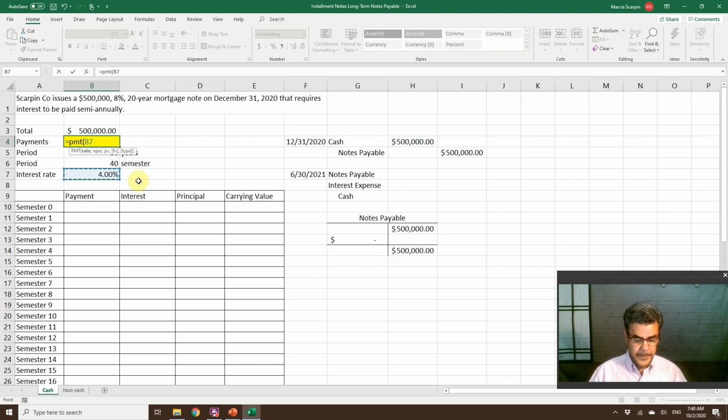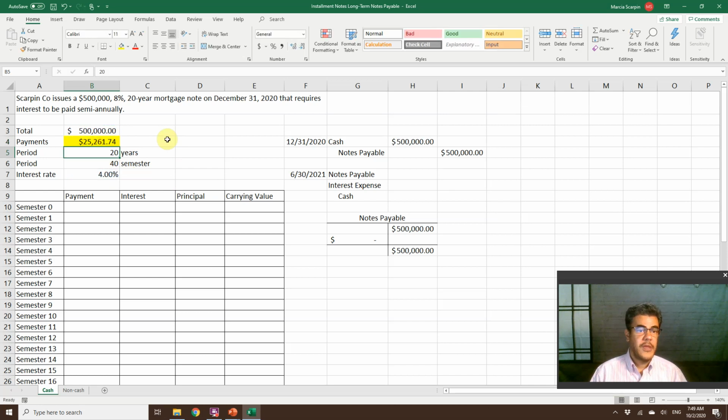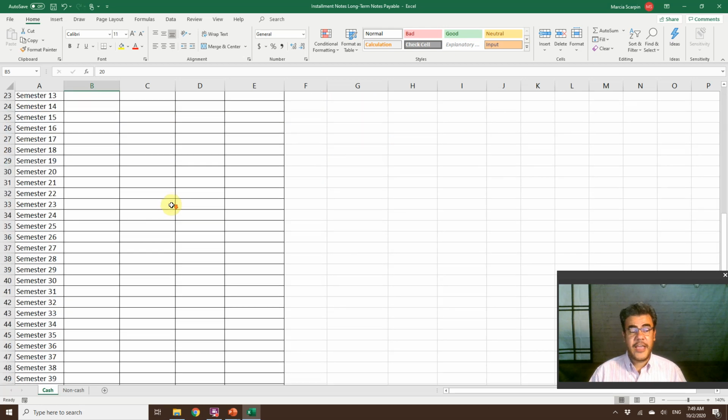Rate, 4%. Number of periods, 40 semesters. PV, negative 500,000. And no FV, type nothing, because our first payment will be at the end of our first period. So our payments will be 25,271.